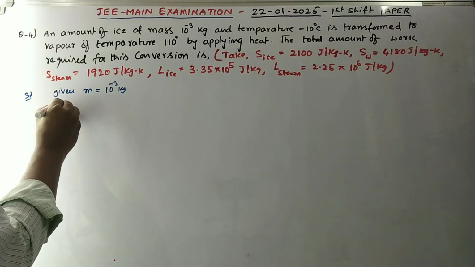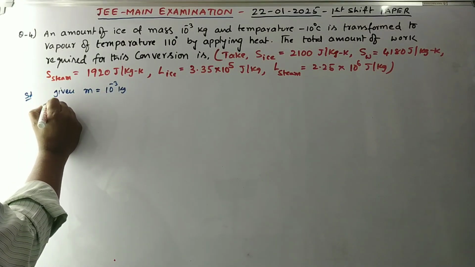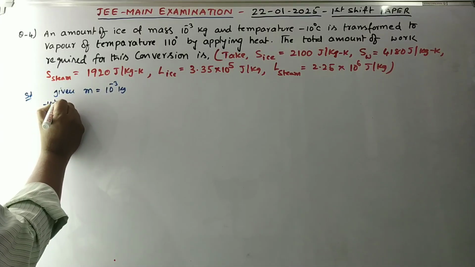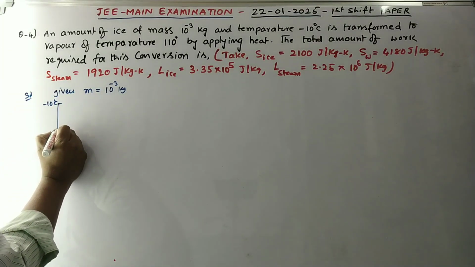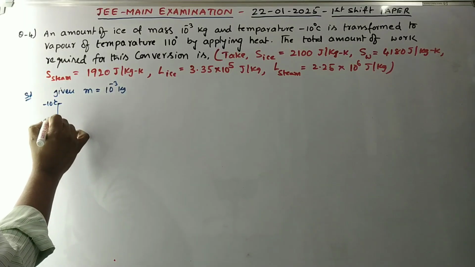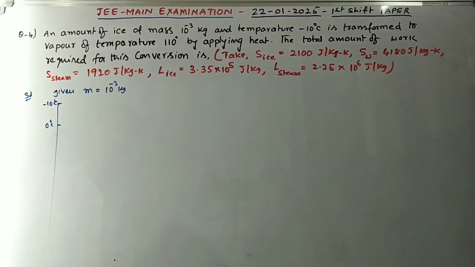So what happened here? First, ice is at −10 degrees Celsius. First of all, it changes from ice at −10 degrees Celsius to ice at 0 degrees Celsius. So the amount of heat required: the body is at −10, and when it reaches 0 degrees Celsius, it requires some amount of heat energy.